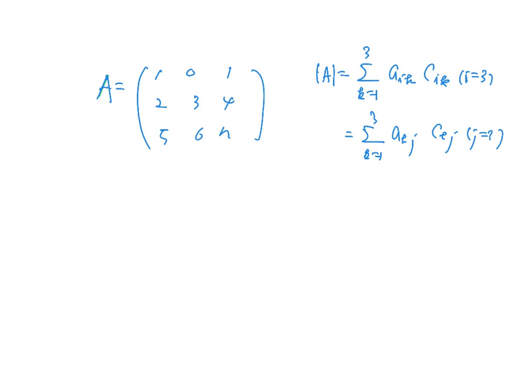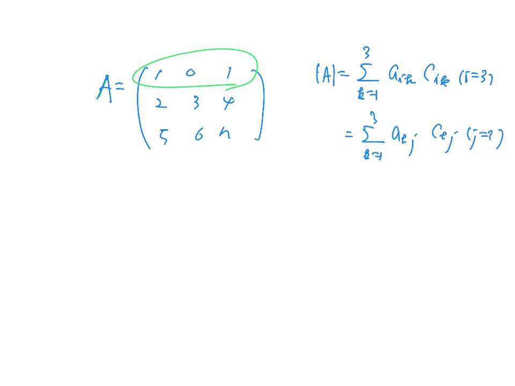So you can choose either the row or the column with the largest number of zeros. So in this case, I can choose this column, this row, because already one component is 0, right?